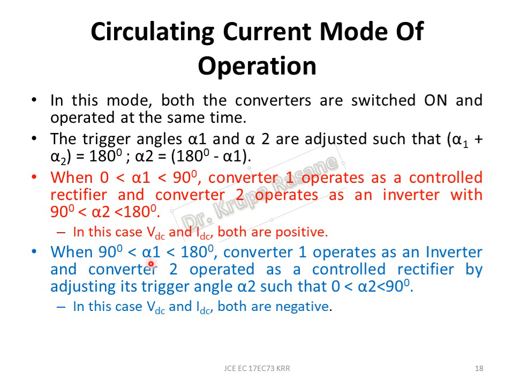When alpha 1 is operating in the inverter mode, that is from 90 degrees to 180 degrees, converter 1 operates as an inverter and converter 2 operates as a controlled rectifier by adjusting its angle alpha 2 such that alpha 2 is between 0 to 90 degrees. In this case, VDC and IDC both are going to be negative.